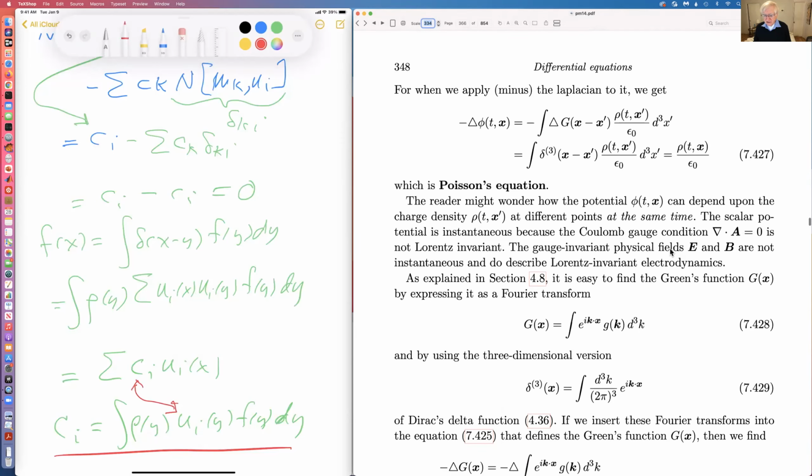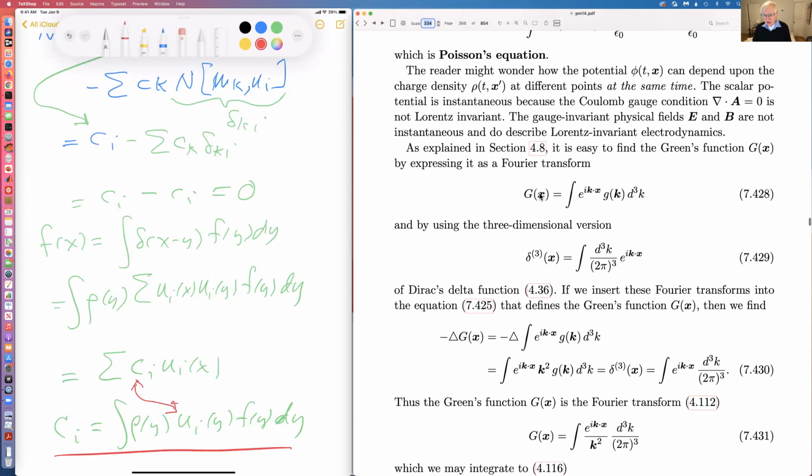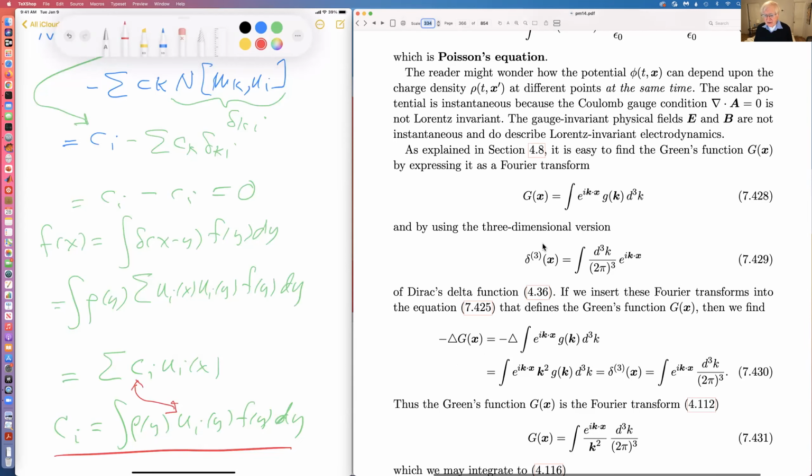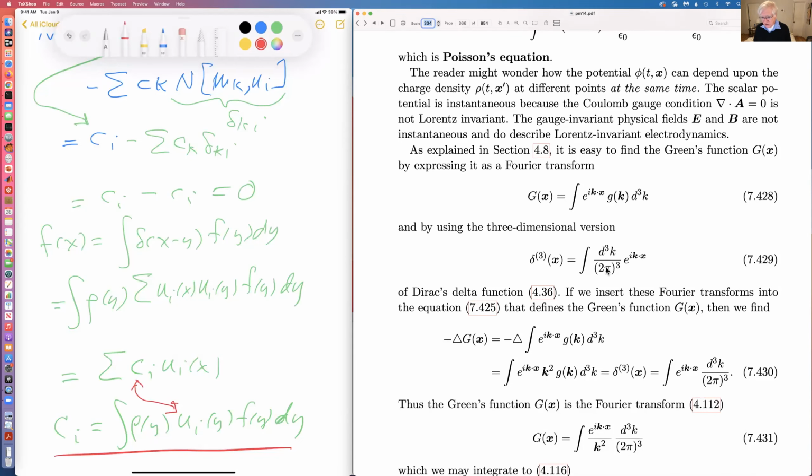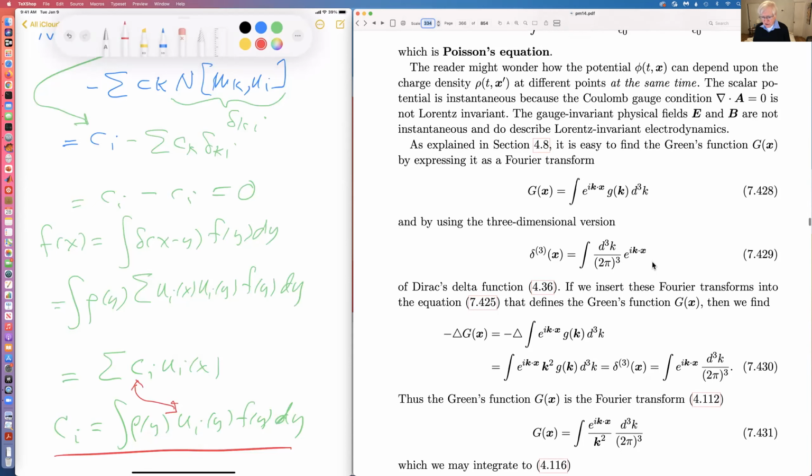And the answer then is that you can find G by writing the Green's function as a Fourier transform, and then writing the delta function as a 3-dimensional Fourier transform.